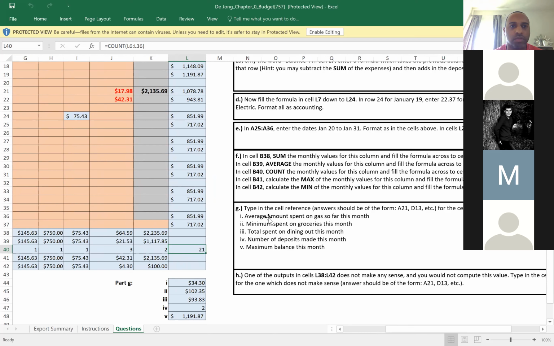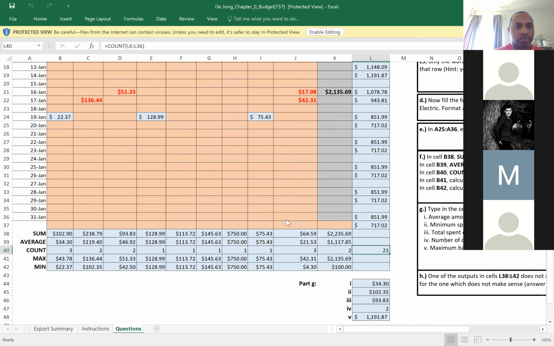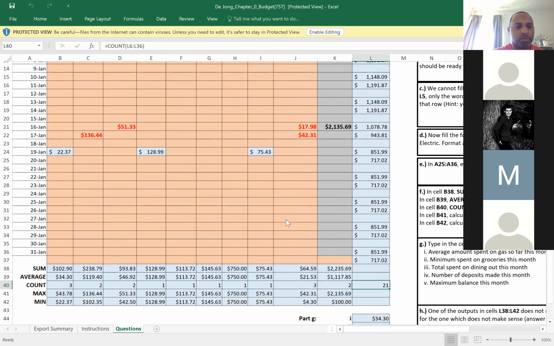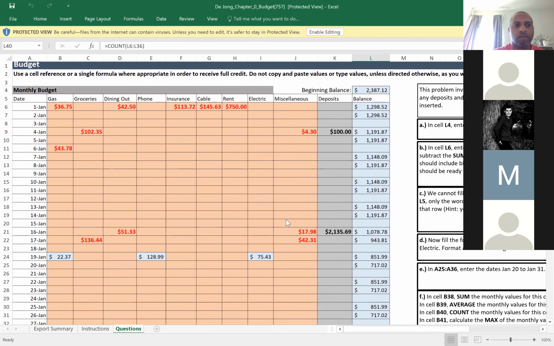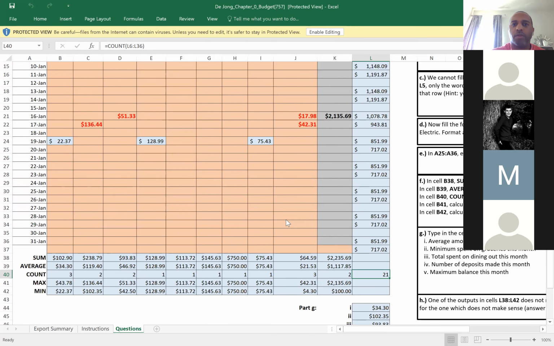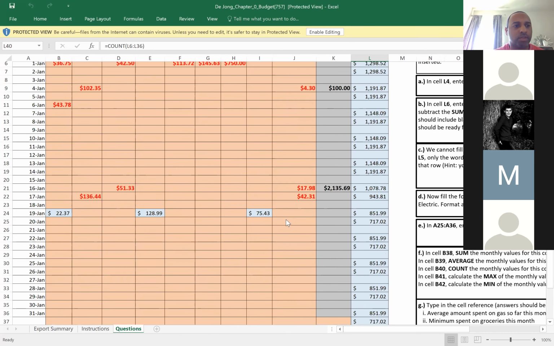to me, that didn't make any sense because I get that there's 21. Why would 21 be in this at all unless it's counting how many deposits there were? Right. So what you have is L6.